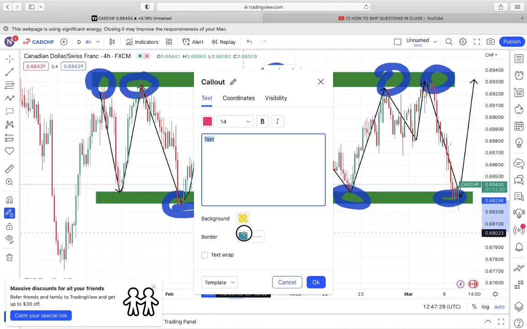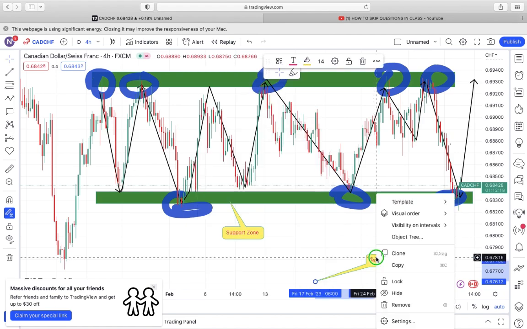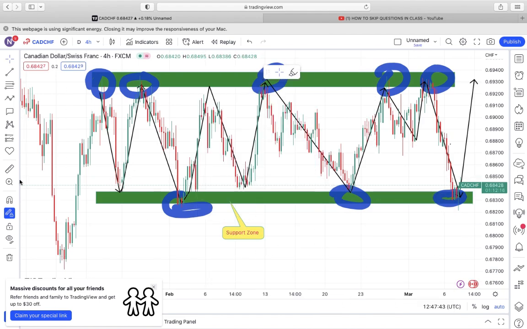This zone, let's mark as a support zone. This is a support zone, and these are resistance zones. Those are the two zones we have to obey in the market.